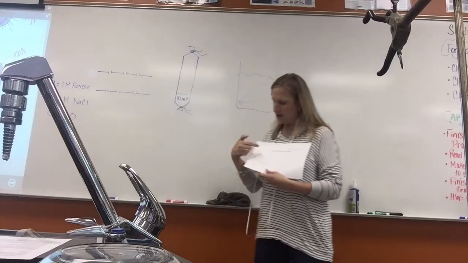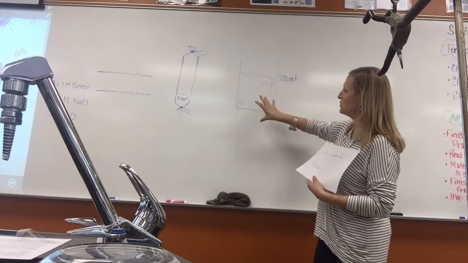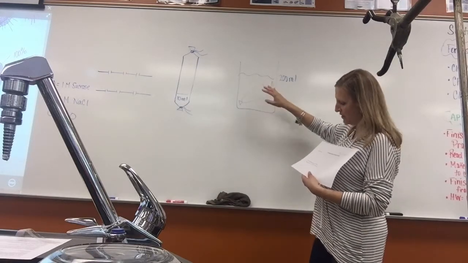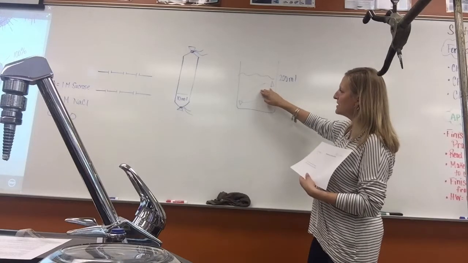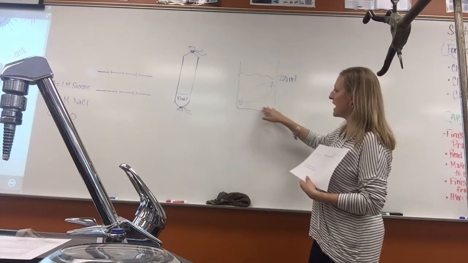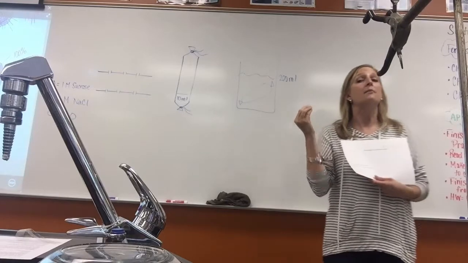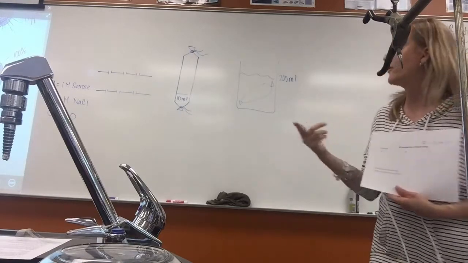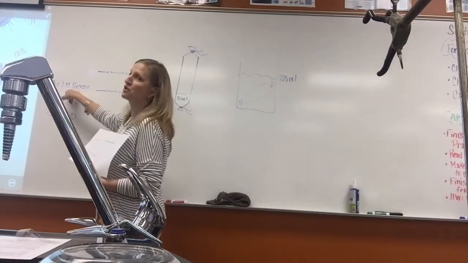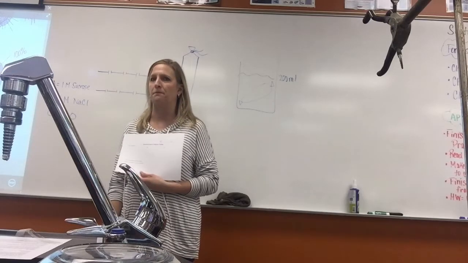And so when I say illustration, I'm looking for you to draw something like this. And what I'd like you to do is label what's inside the tubing or the cell, and what's outside the tubing, in terms of molecules. So for instance, a 1 molar sucrose solution, what molecules are in there?